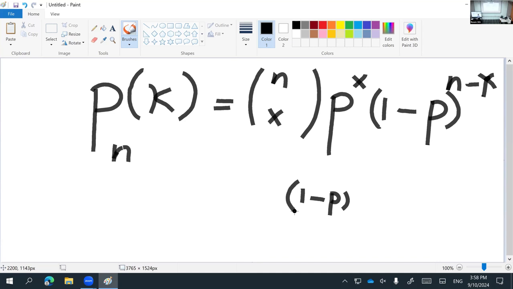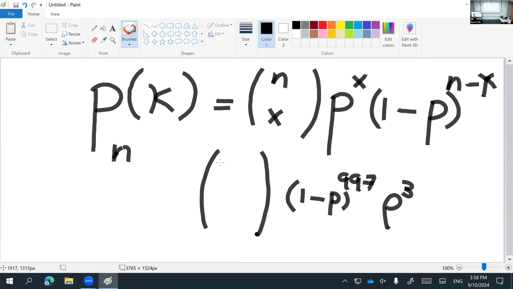In this case, success is bad, okay? Now you have to do this. How many ways can you pick 3 out of 1,000? This turned out to be equal to 1,000 times 999 times 998 divided by 3 times 2 times 1.